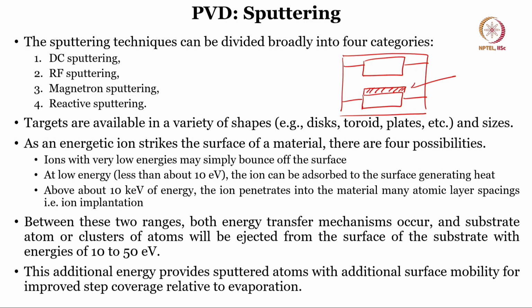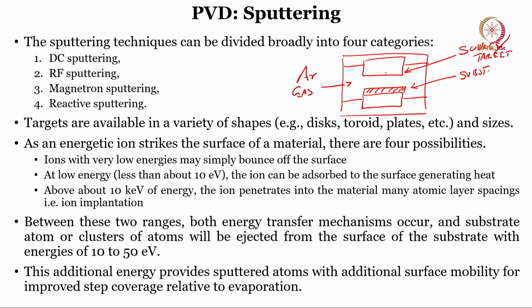Let us say this is the substrate, and this one is the source, or in this case we call this a target, and then we have argon gas, and we give an anode and cathode, so we give a bias.